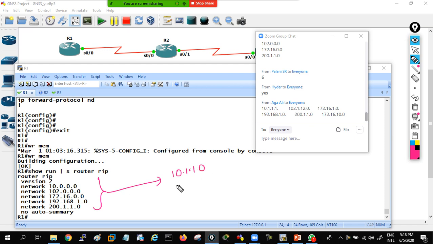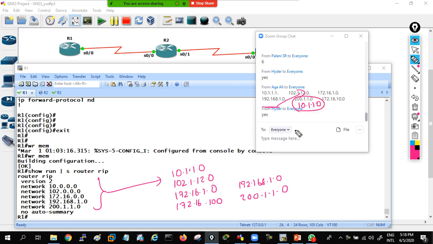The second one is 102.1.12.0. The third one is 172.16.1.0. The fourth one is 172.16.10.0. The fifth one is 192.168.1.0. Then the sixth one is 200.1.1.0. Does everybody agree? Ali, it should be like this.